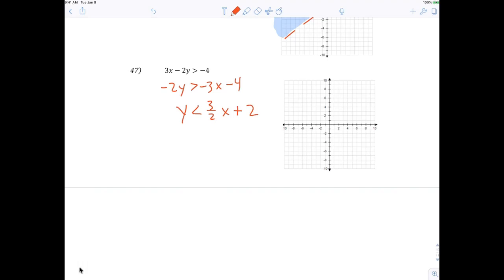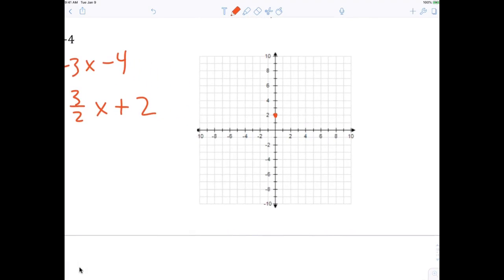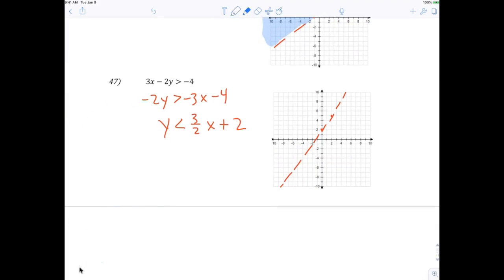Two negatives even off. All right. Now, graphing. What am I doing? Up 2, plot a point. From here, up 3 over 2, up 3 to the right 2. What type of line? Dotted line. And then we're going to shade below. All right. Any issues with that?